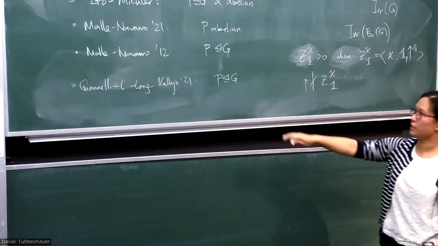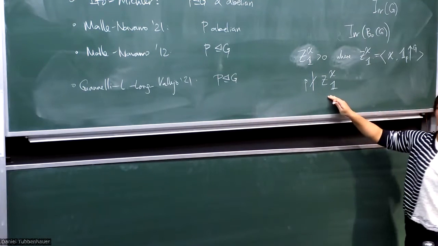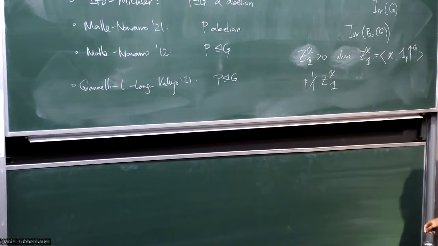So in other words, this normality property is controlled by this even smaller subset. And where's this time to that?